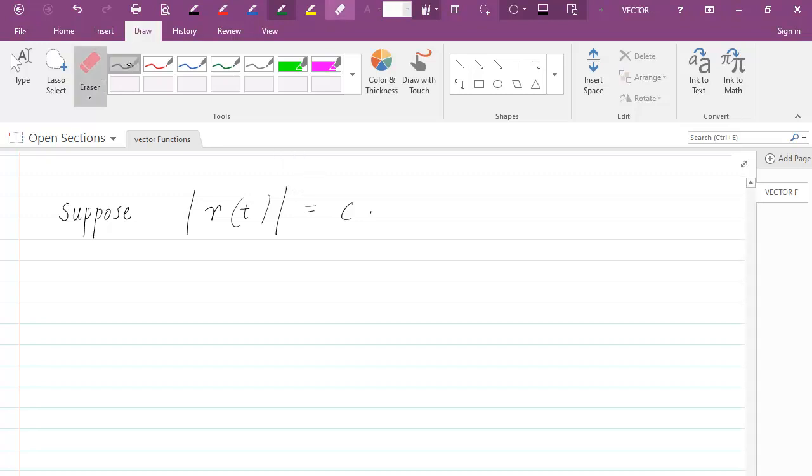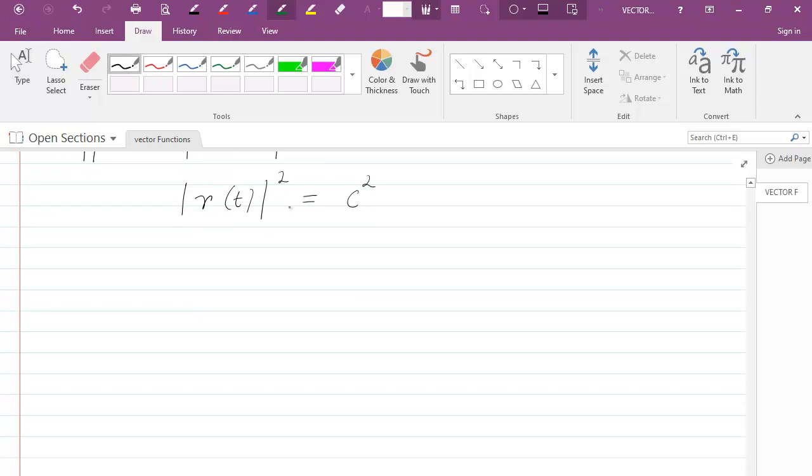Okay, so let me write that separately. So then the length of r of t squared would be c squared. But the square of the length of a vector is basically the dot product of r of t with r of t.